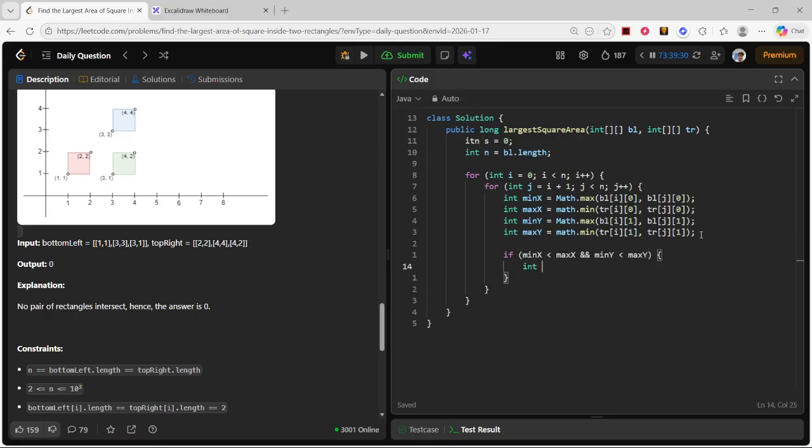So len is equal to Math.min of max x minus min x, and max y minus min y.